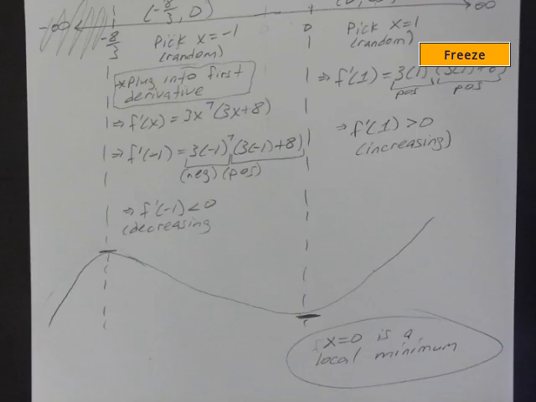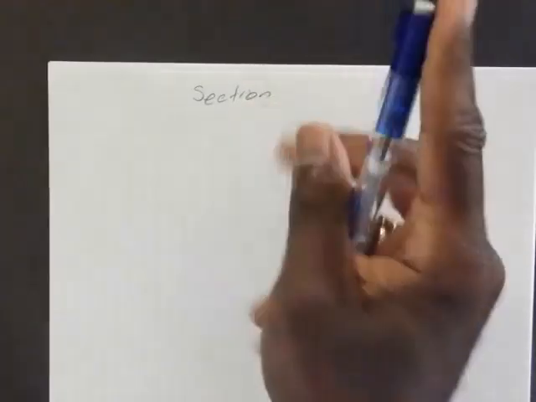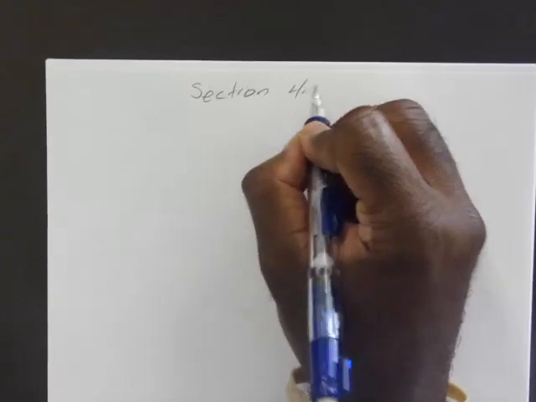Anyone still writing? Okay, now section 4.6 covers limits at infinity.